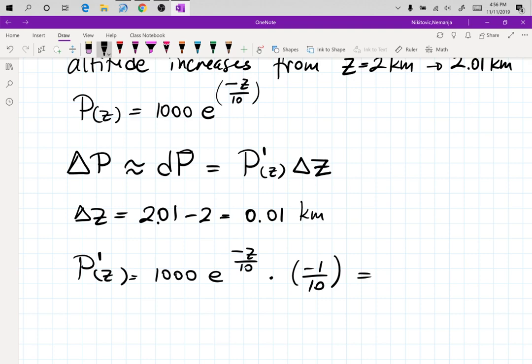So this works out to be negative 100 e to the negative z over 10. I said 100. There we go. Because 1000 divided by 10 is 100. And now I have the formula. So dP is equal to negative 100 e to the negative 2 divided by 10.